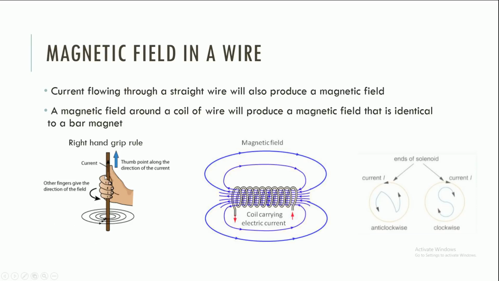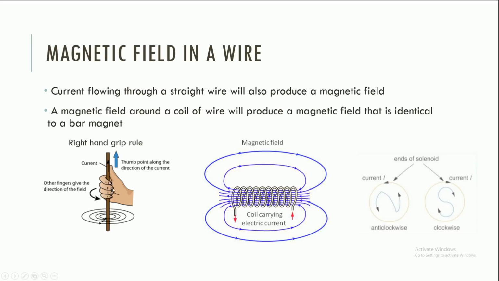So current, again, is going upwards, but the flow of electricity, or the flow of electrons, is going downwards. But anyway, current, we are going to suggest that it's going up. And so if we point our thumb, right, this is called the right hand grip rule, like as the diagram shows here, point your thumb towards the direction of the current, and the fingers which wrap around the wire will give the direction of the magnetic field that the wire produces.